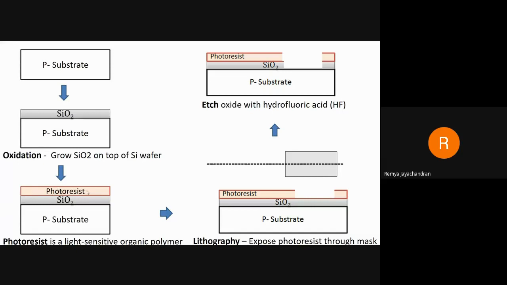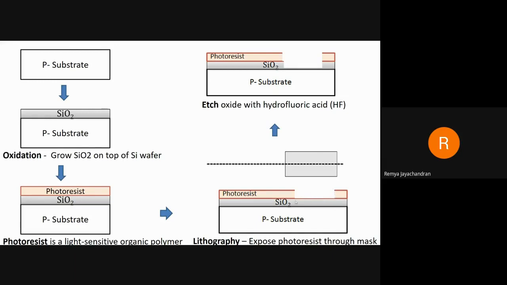First, we'll deposit the photoresist, and then it will be exposed to the light. This is the mask. So the remaining portions are protected, and this portion is exposed, and it will react with the light.